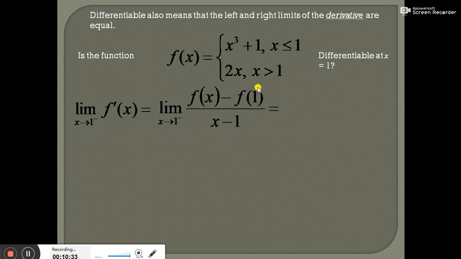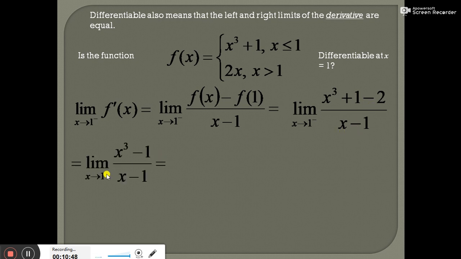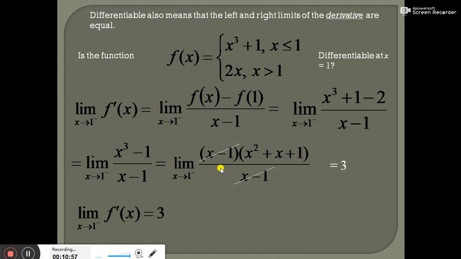For f(1) we have to substitute the function, x = 1, x cube plus 1 for the left hand limit. Then we have minus 2 upon x minus 1. Simplifying this we get (x cube minus 1)/(x minus 1). We have to simplify the limits, make the factors, cancel the like factors, and substituting the values we get equal to 3. It means the left hand derivative is equal to 3.